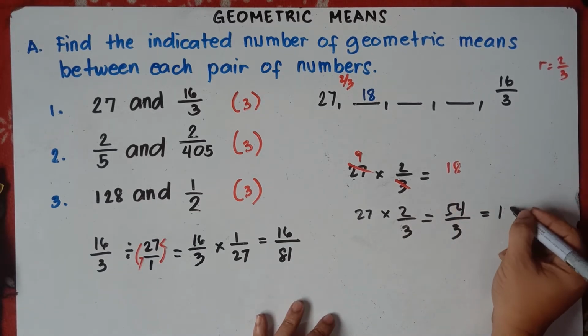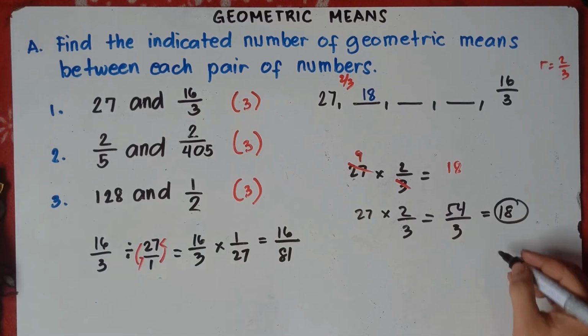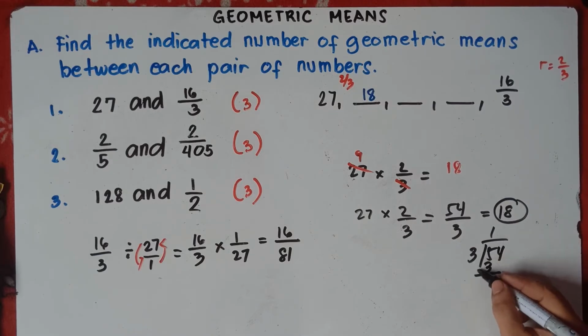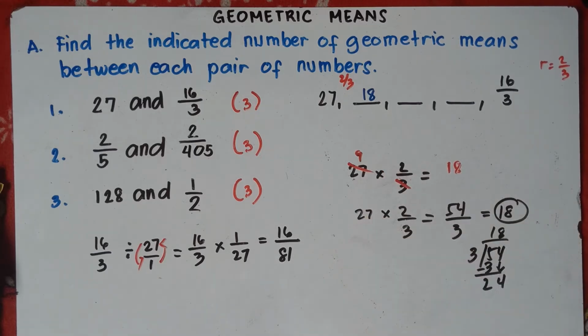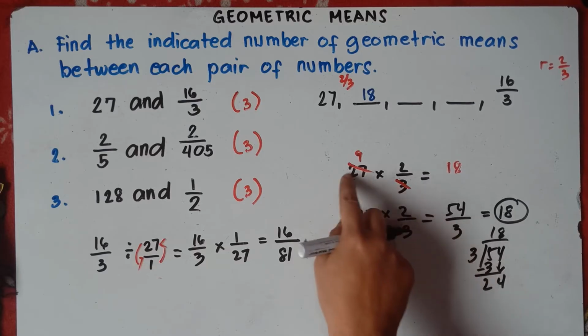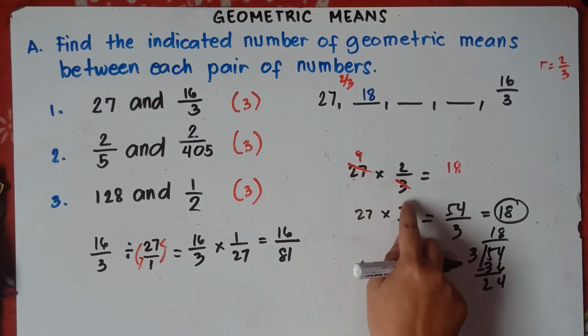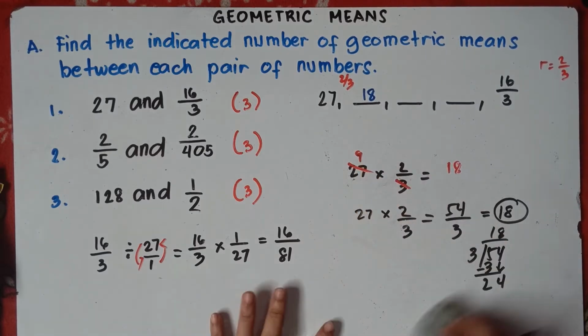Let's divide 54 by 3: 5 minus 3 is 2, bring down 4, 24 divided by 3 is 8. Same answer, 18. So it's better to cancel if you can. Cancel by 3: 3 divided by 3 is 1, 27 divided by 3 is 9.